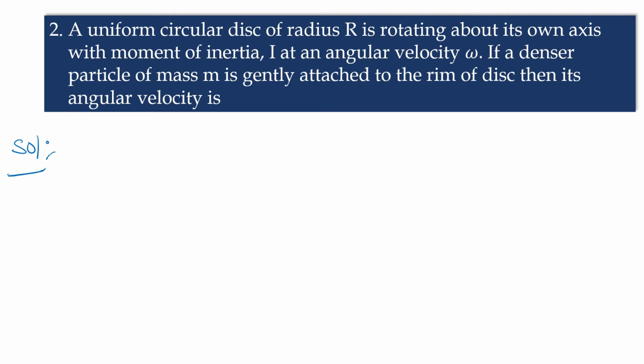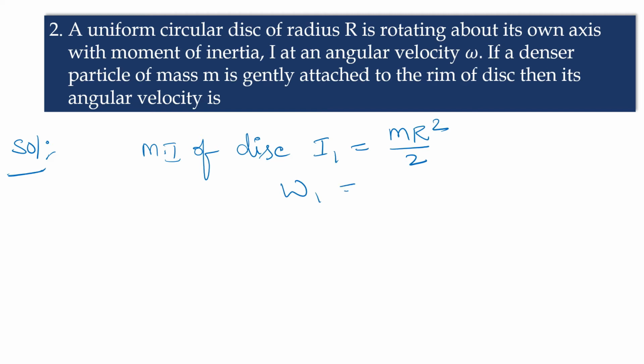Momentum of disk I1 is equals to m r square by 2. Omega 1 is equals to omega. According to law of conservation of angular momentum, I1 omega 1 is equals to I1 plus I2 of omega 2.